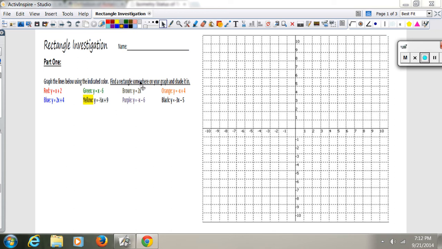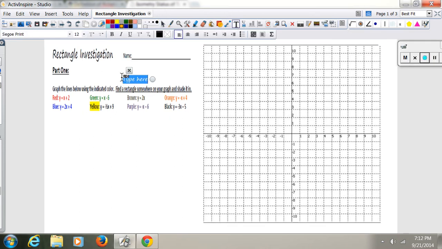And then you're going to find a rectangle somewhere on your paper. Now, before we move on, I just want to put up here the definition of a rectangle: it must have 4 right angles. So we're going to look for something that's got 4 right angles.